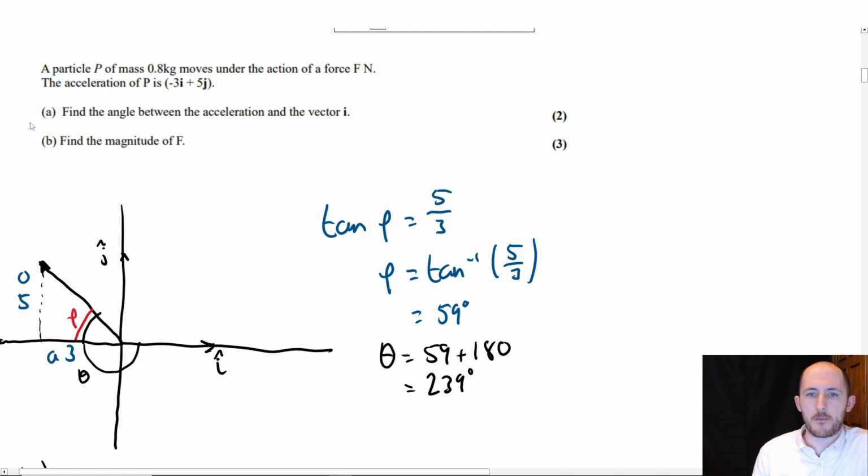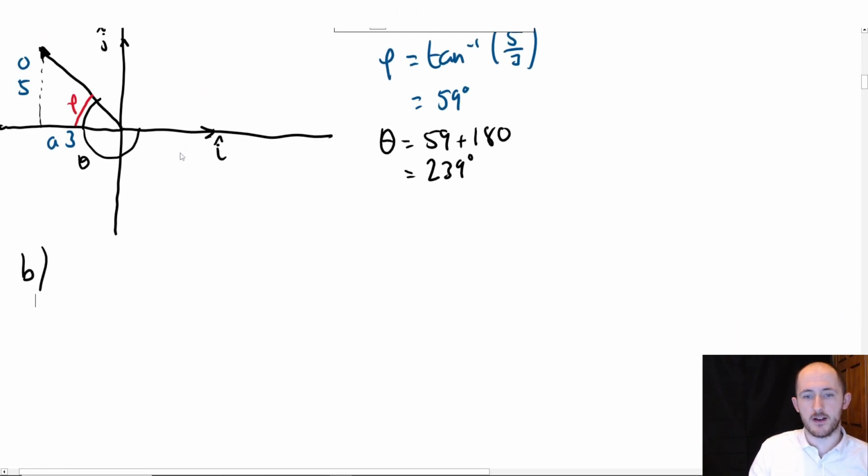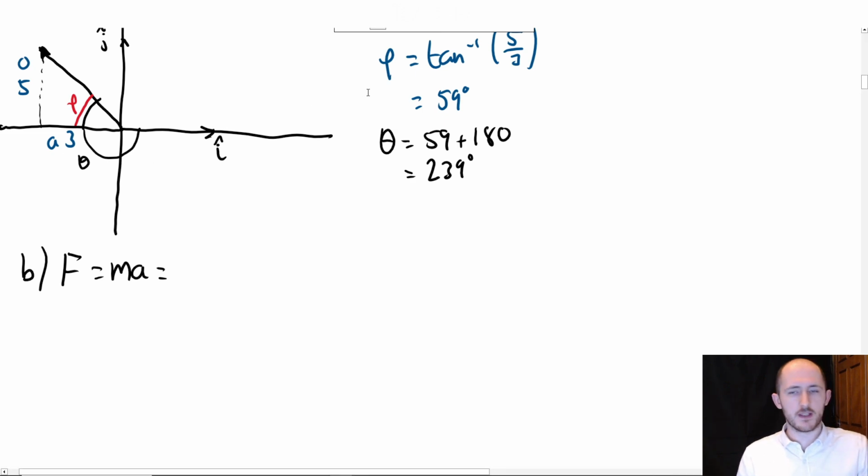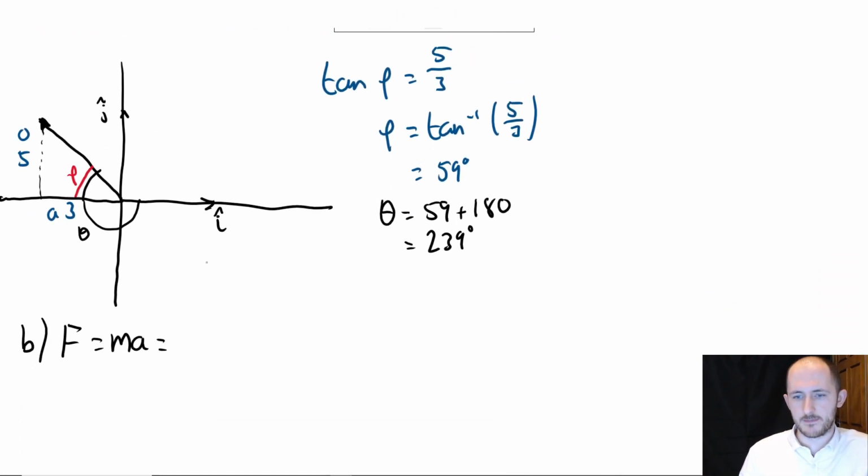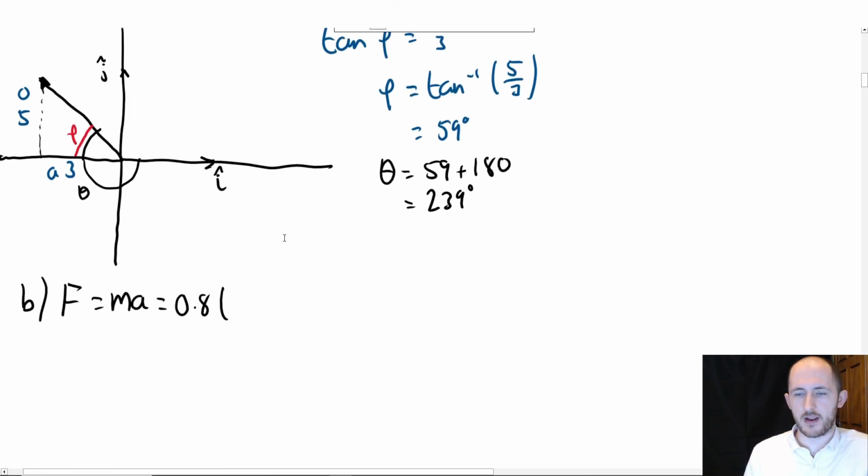Okay, so for part B, it says find the magnitude of F. So we don't know what F is yet. However, if you remember Newton's second law, F is just mass times acceleration. So if we have a look at what we have, a mass 0.8, and we have an acceleration, it's minus 3i plus 5j.